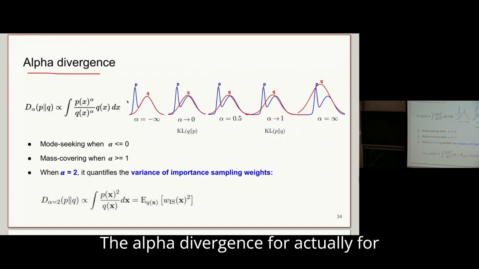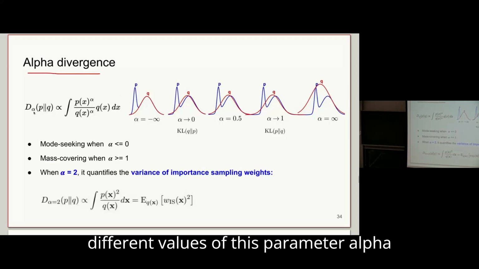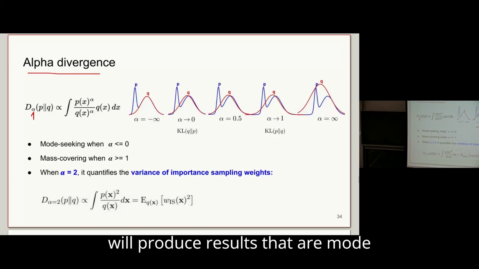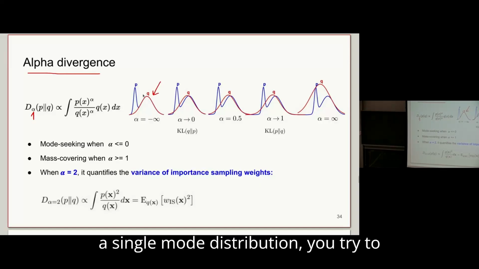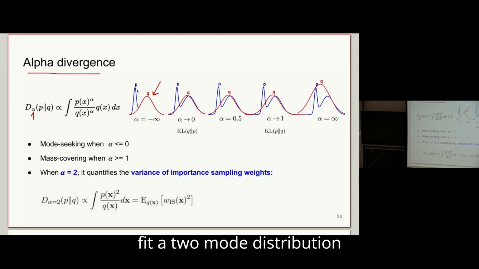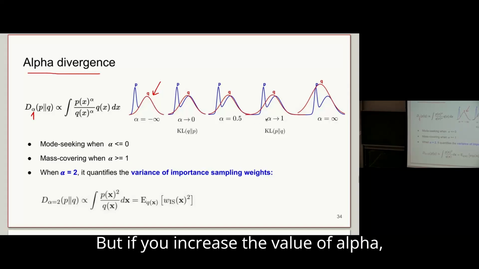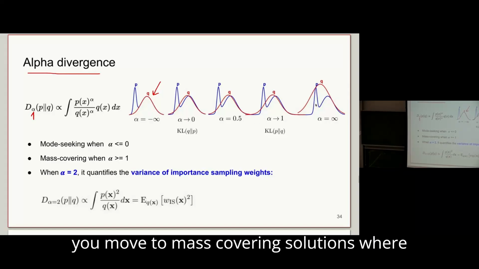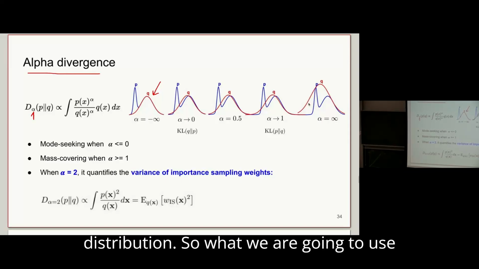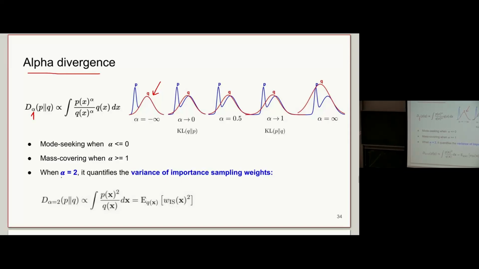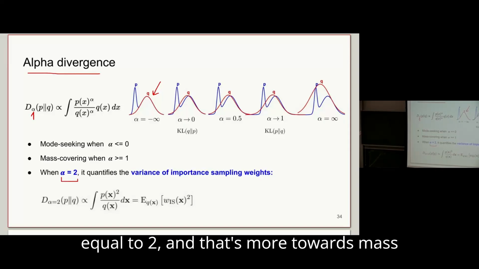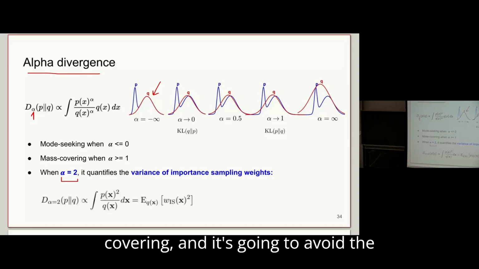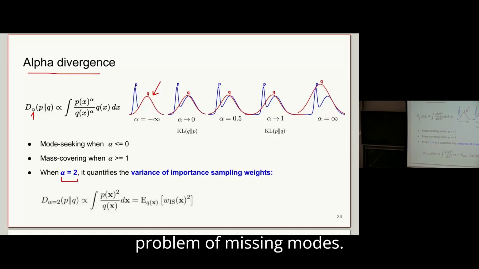The alpha divergence actually for different values of this parameter alpha will produce results that are mode seeking, like this one where you fit with a single mode distribution, you try to fit a two mode distribution P, you cover only one of the modes. But if you increase the value of alpha, you move to mass covering solutions where you try to cover all the modes of your distribution. So what we are going to use is this alpha divergence with value alpha equal to 2, and that's more towards mass covering, and it's going to avoid the problem of missing modes.